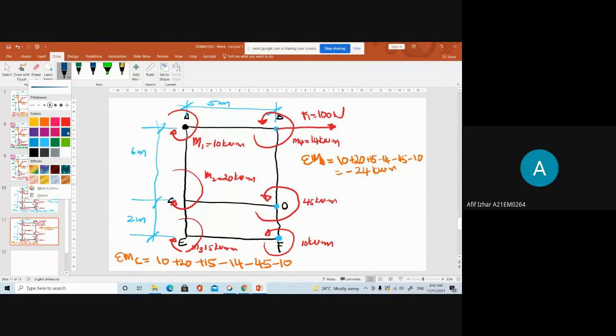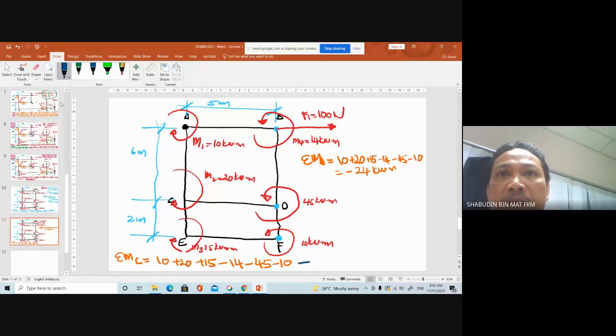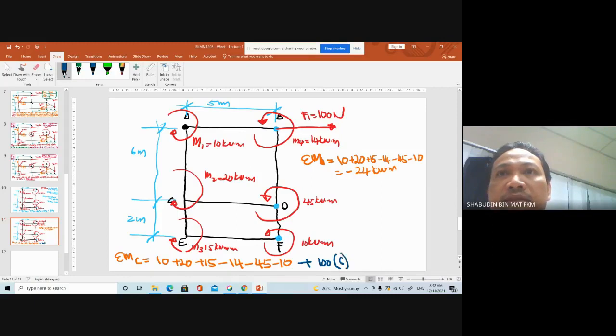F1. Yes. Now you have plus F1, simply that as 100. Plus by positive 100, multiplied by what distance there? 6. It's going to give you. Can you tell me what is the answer for that?